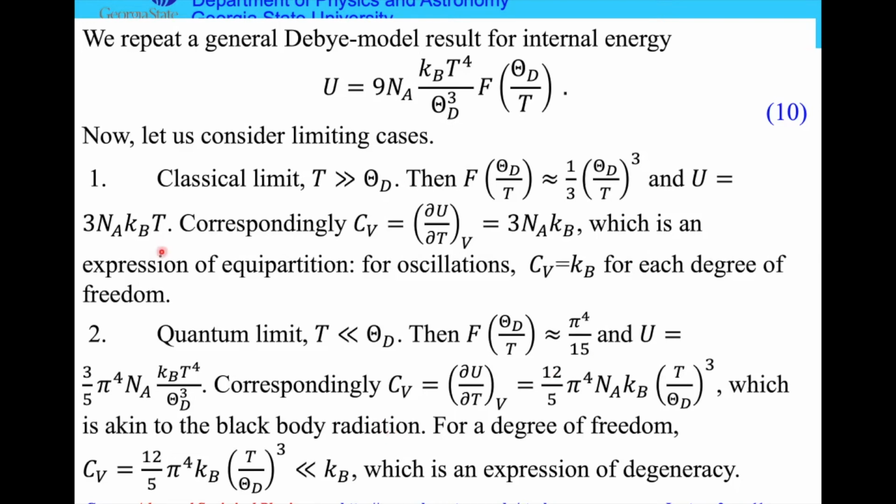From this formula, we get Cv. And this formula, by the way, is akin to the Stefan-Boltzmann relation in the theory of radiation, and also first power of temperature. Correspondingly, Cv, I need to differentiate over T, will give me an extra 3, so it will give me T to the cube, and will give me here 9.